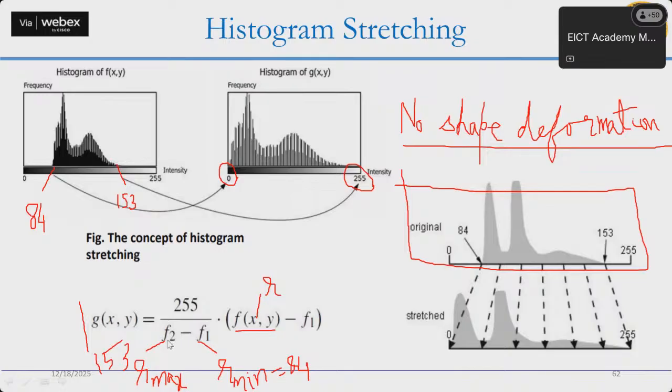So F2 is the maximum value. Since the maximum value here is 153, that's why it is 153. And f(x,y) actually varies. That will vary from 84 to 153.